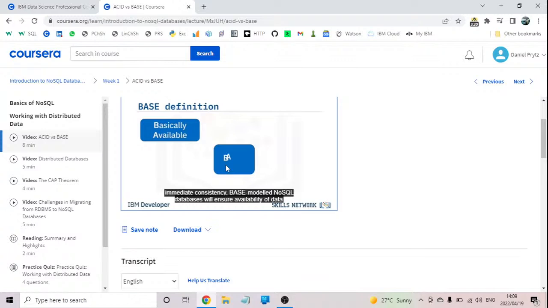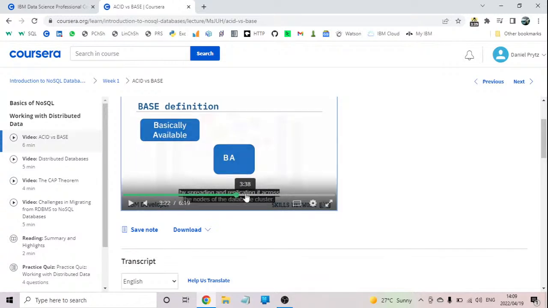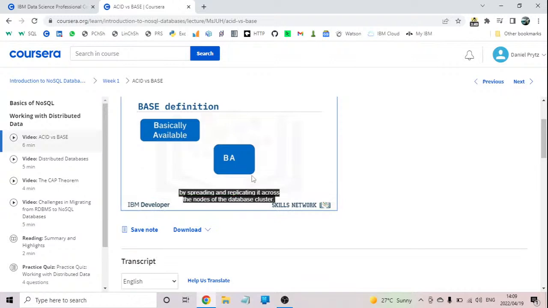Now we move on to the next one, which is soft state. Oh wait, did I miss something? I missed something, the bad real. Sorry: by spreading and replicating the nodes of the database cluster.